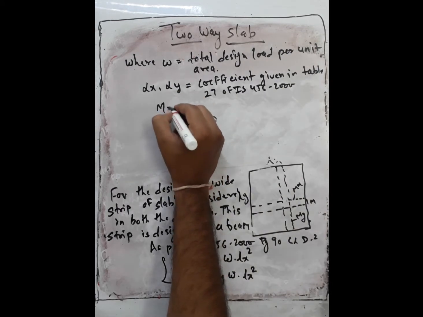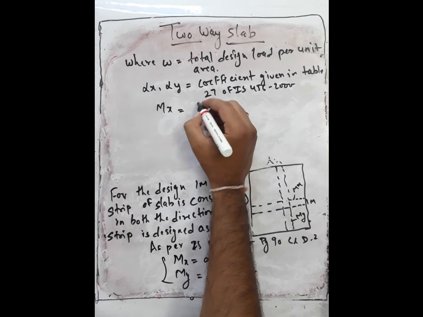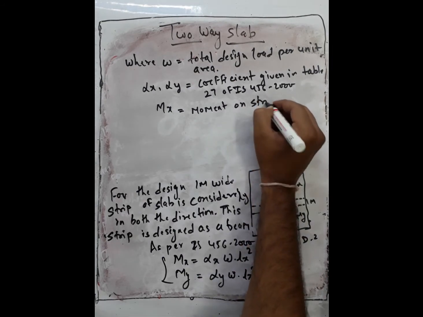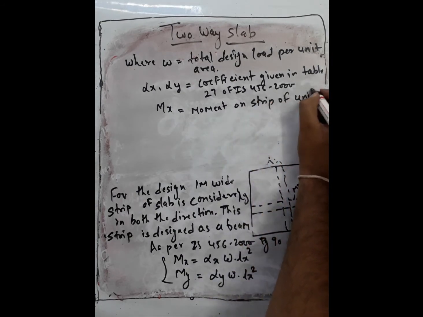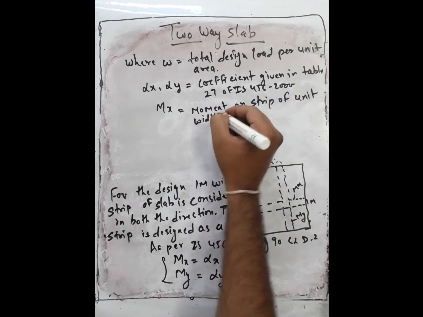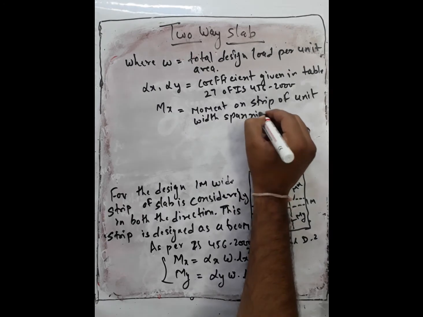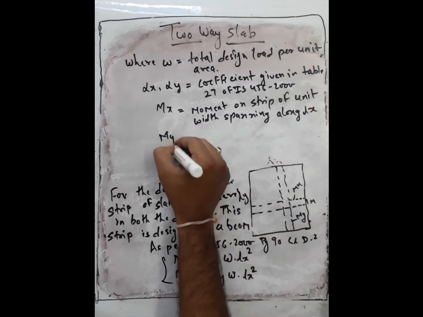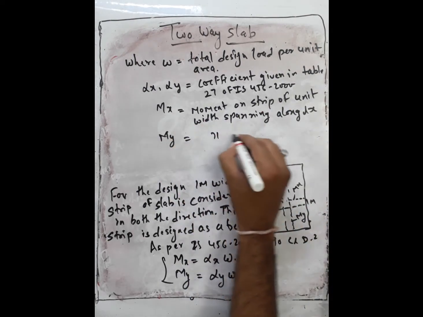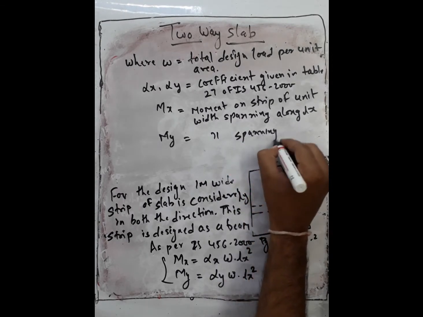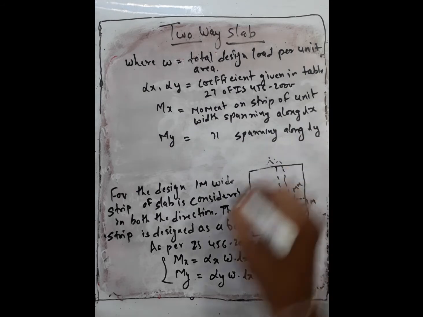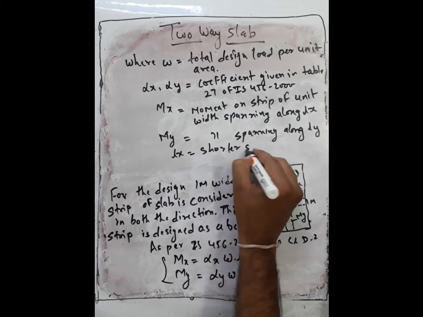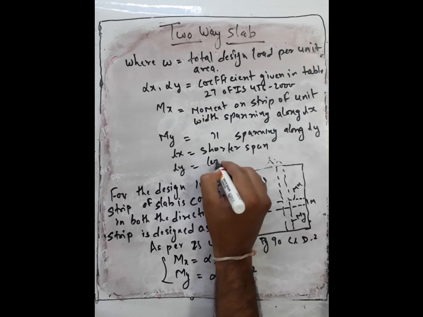Mx is the moment on a strip of unit width spanning along Lx, and My is the same spanning along Ly, and we know that Lx is the shorter span and Ly is the longer span.